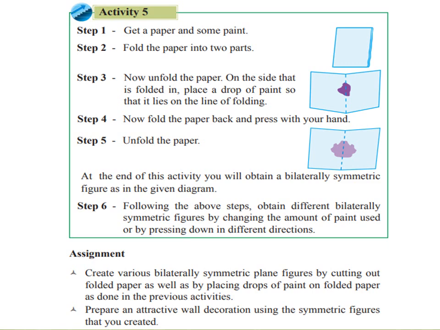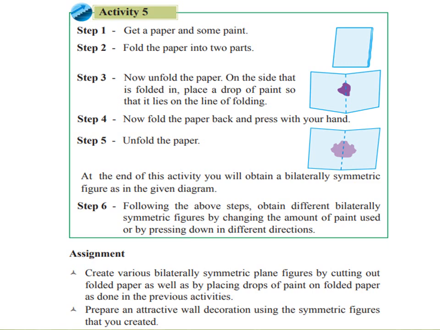In this assignment, you just do the things that we did in activity 5. Fold the paper, put some paint on it, and press it again, and from that you can get different shapes which are bilateral symmetric.